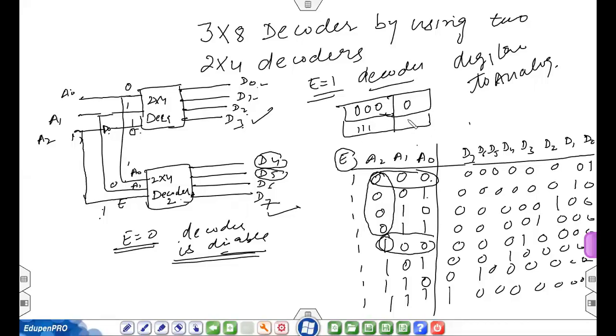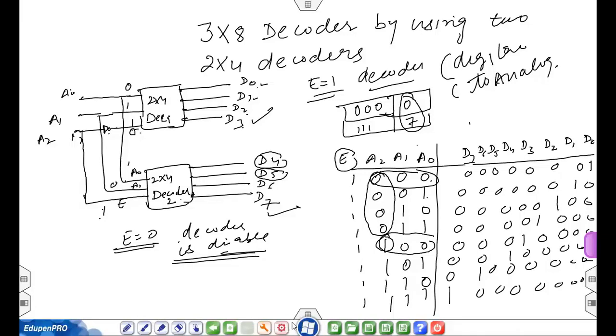It may be 7. So if you are inputting any binary number and your output comes in decimal or maybe octal, you can say it can be used to convert from digital to analog. This is the application where it may be used, or for converting binary to hexadecimal or maybe binary to octal.